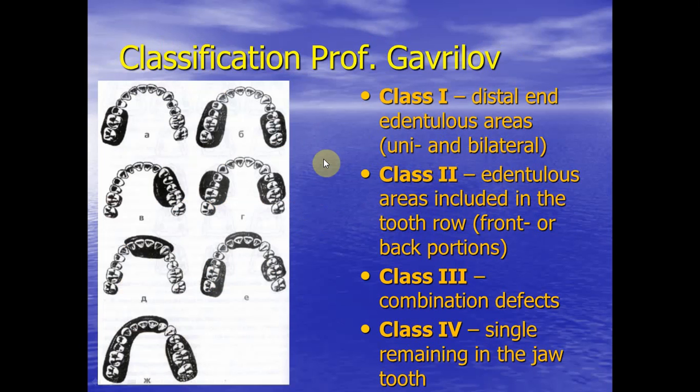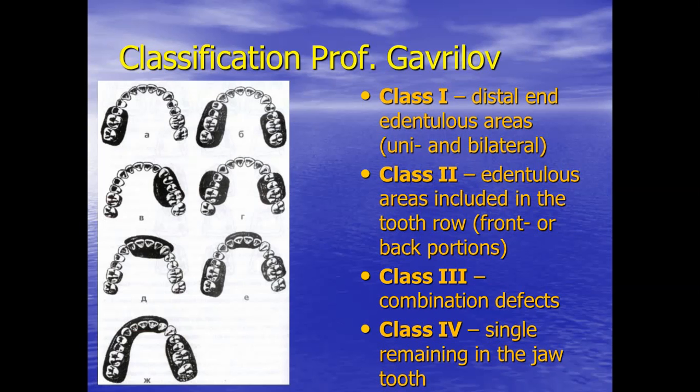However, other classifications also existed, and one of the classifications that we are asking you about, because it's used widely on the territory of the previously existing Soviet Union, was suggested by Professor Gavrilov, who taught at Smolensk Medical Academy for many years.